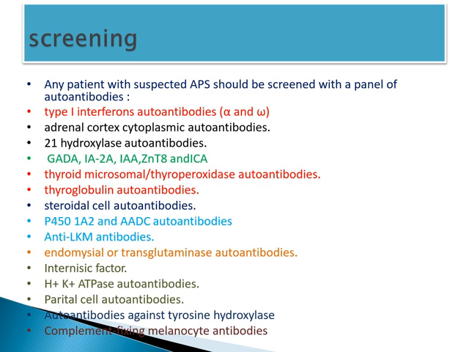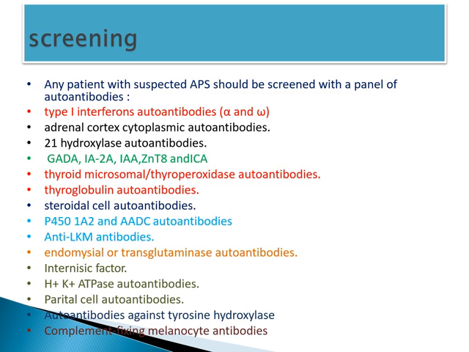Then type 1 interferon autoantibodies, omega and alpha, adrenal cortex cytoplasmic autoantibodies, 21 hydroxylase autoantibodies, GADA and IA-2A and IAA, ZnT8 and ICA, thyroid microsomal and thyroperoxidase antibodies, thyroglobulin autoantibodies, steroid cell autoantibodies, anti-LKM antibodies, then endomysial and transglutaminase antibodies, autoantibodies to rule out malabsorption, intrinsic factor antibodies.